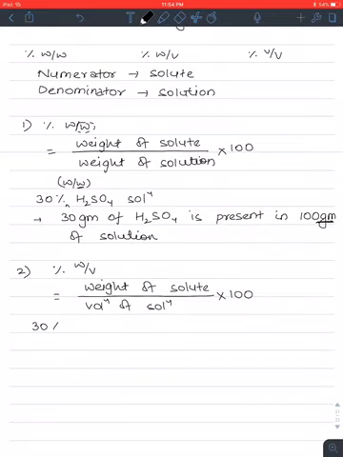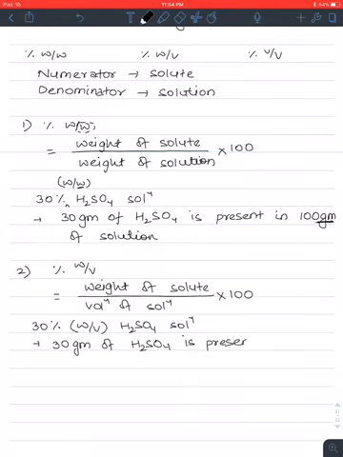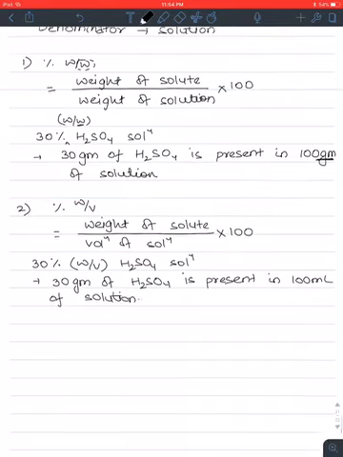So if I'm having 30% weight by volume H2SO4 solution, now what does it mean? So it means that 30 gram of H2SO4 is present in 100 ml of solution.